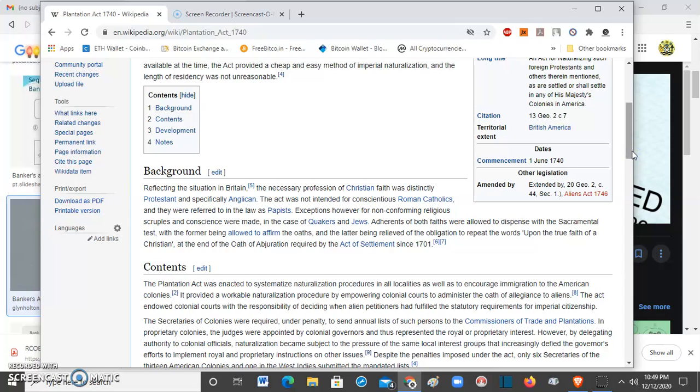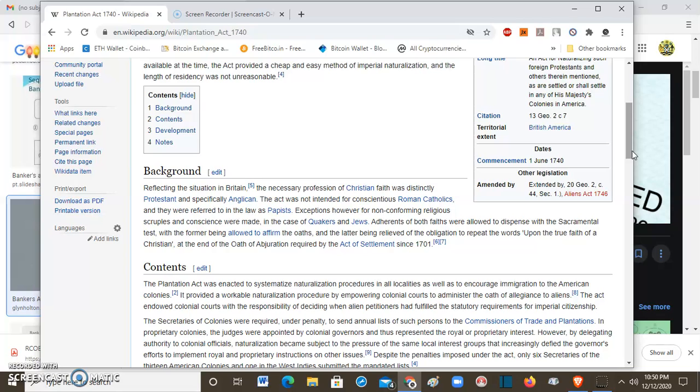Background: reflecting the situation in Britain, the necessary profession of Christian faith was distinctly Protestant, and specifically Anglican. The act was not intended for conscientious Roman Catholics, who were referred to in law as papists.